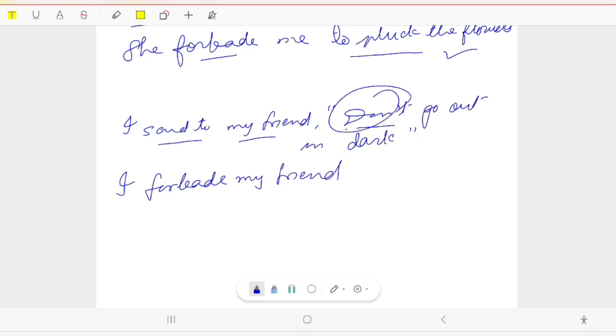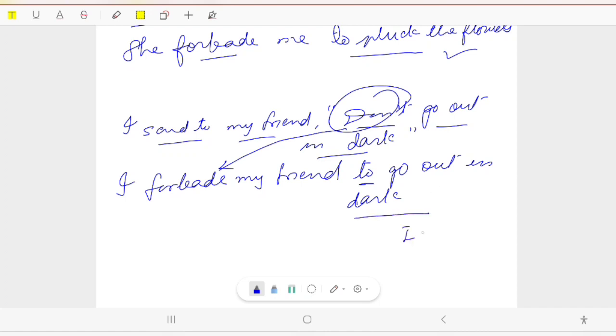The meaning of "don't" is here. So now only the word "to" will be written. I forbade my friend to go out in dark, connecting the rest of the sentence as it is.